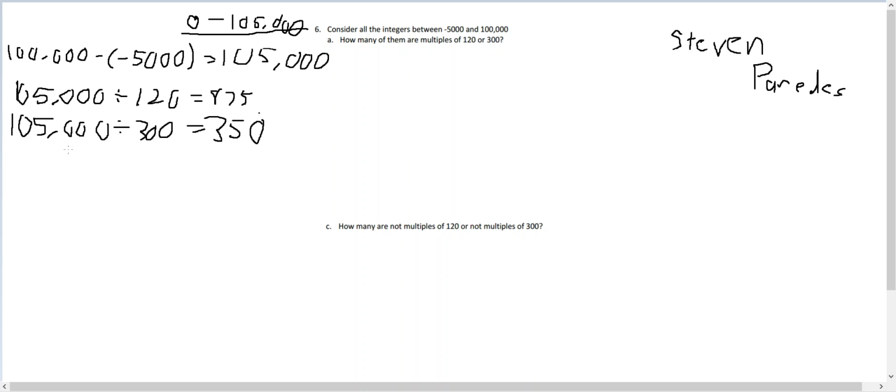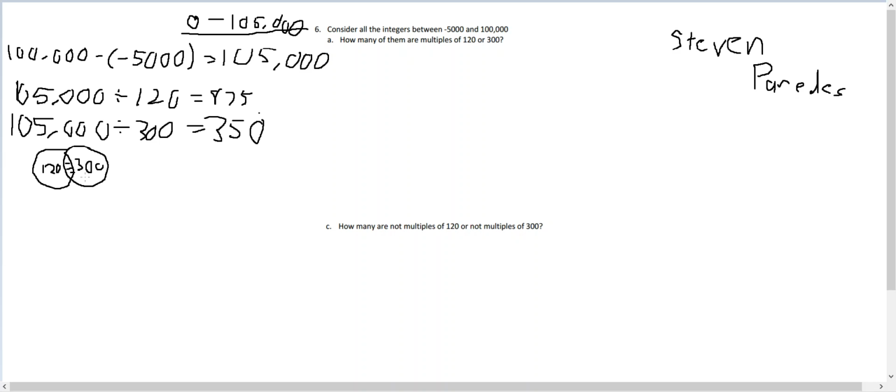Now, in these two ranges or sets of divisible integers, there is some overlap. So let's say this is 120, the integers that are divisible by 120, and then the integers that are divisible by 300. There is this small overlap here.